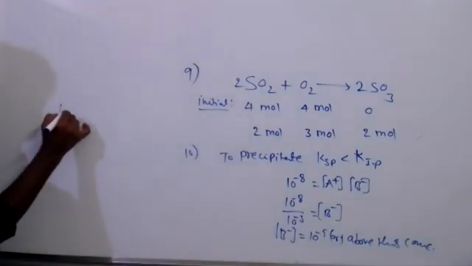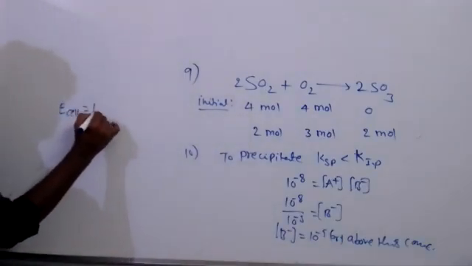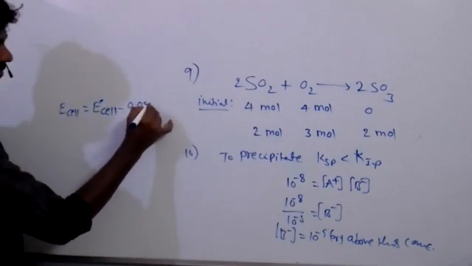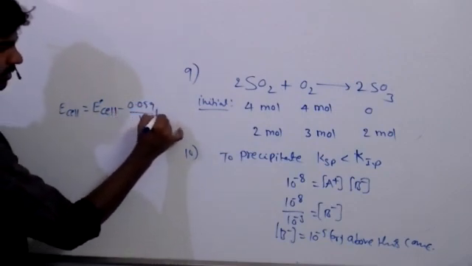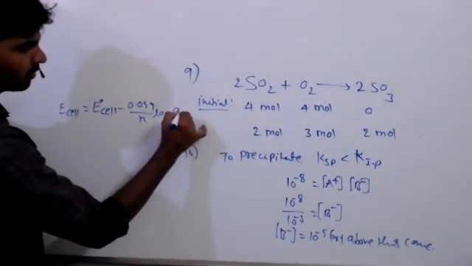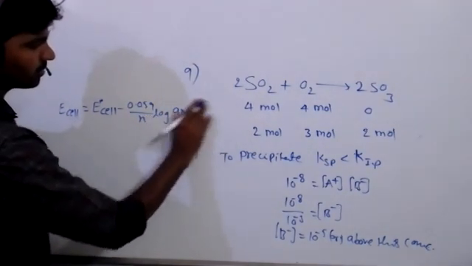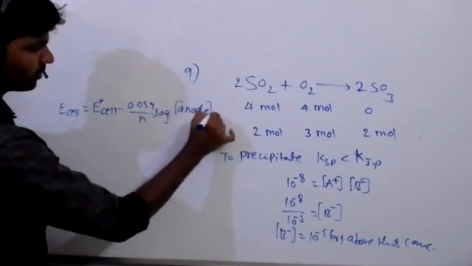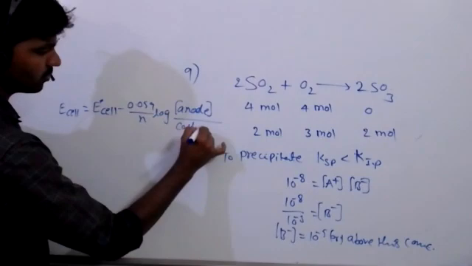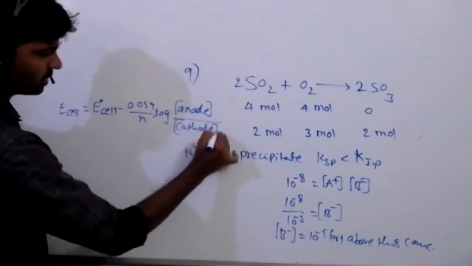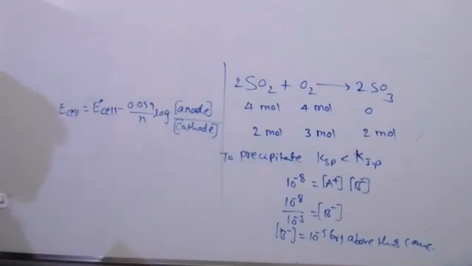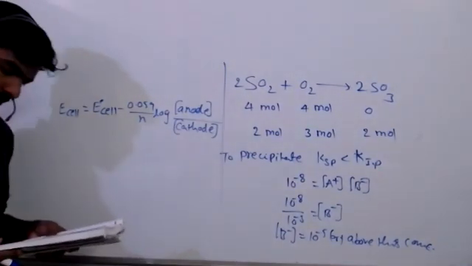Writing the formula: E cell is equal to E naught cell minus 0.059 by n log of anode concentration by cathode concentration. The question is which one will increase the voltage.